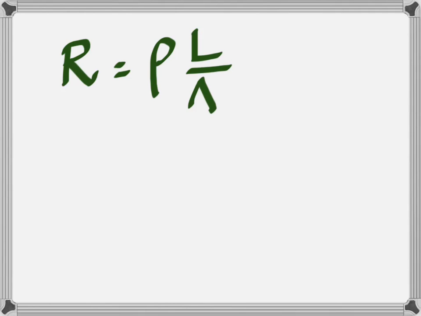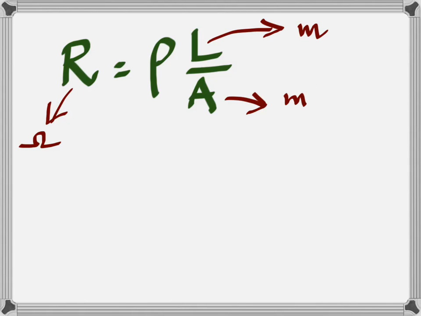And then resistance actually is given by the formula rho L by A, where R is the resistance in ohms, L is the length in meters, area A in meter squared, and rho is called the resistivity.